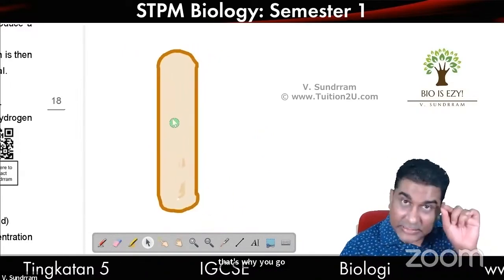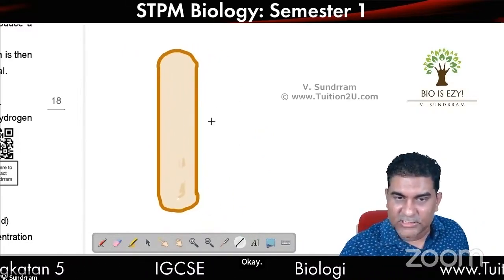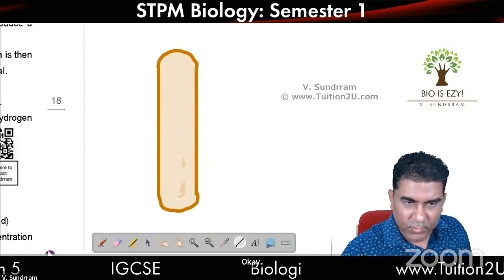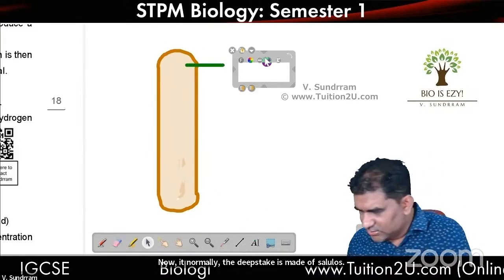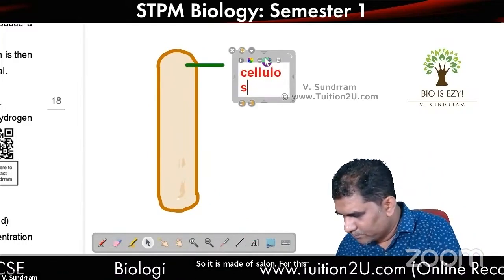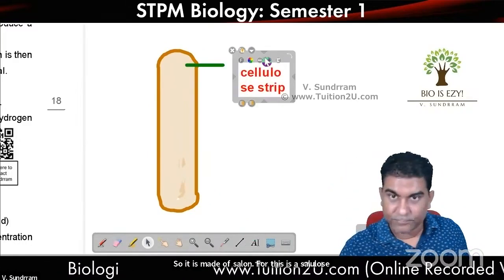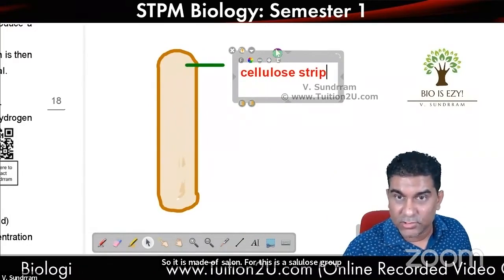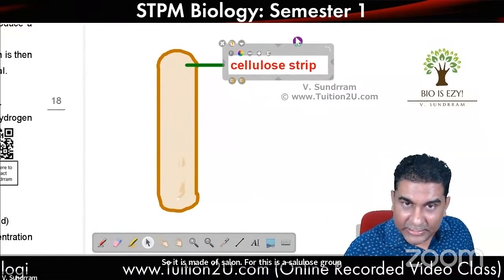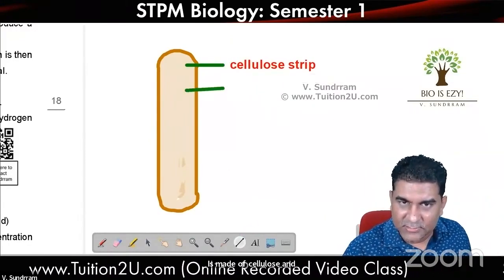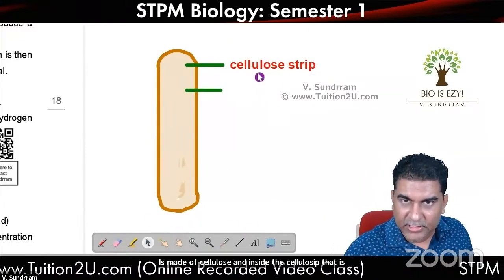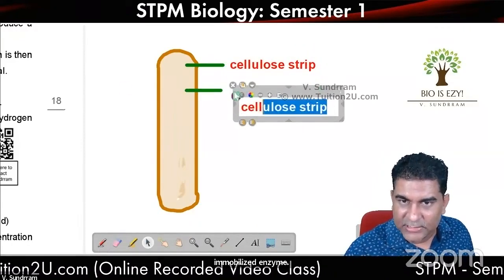Now normally the dipstick is made of cellulose, so this is a cellulose strip. Inside the cellulose strip there is immobilized enzyme.